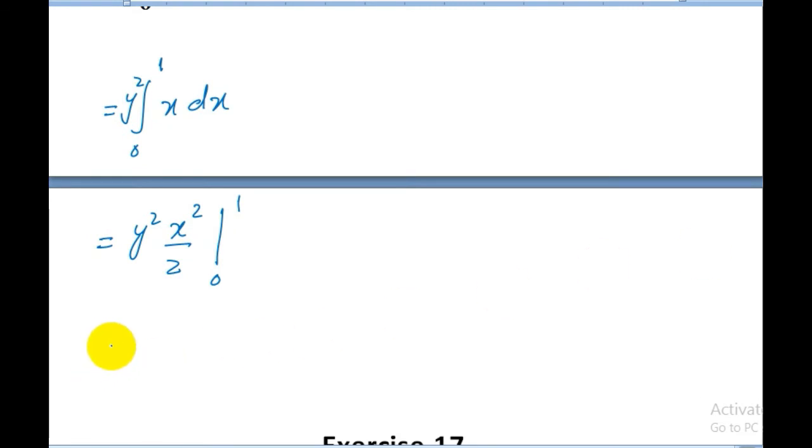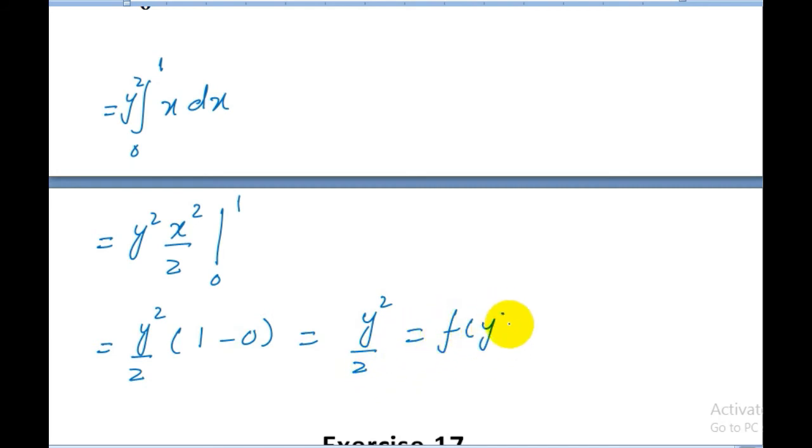And next step we write it as y square upon 2, and variation of x is from 1 to 0, 1 minus 0, and this is equal to y square upon 2, which is a function of y.